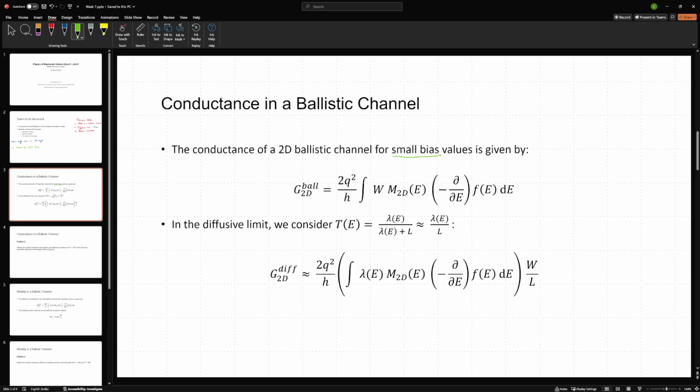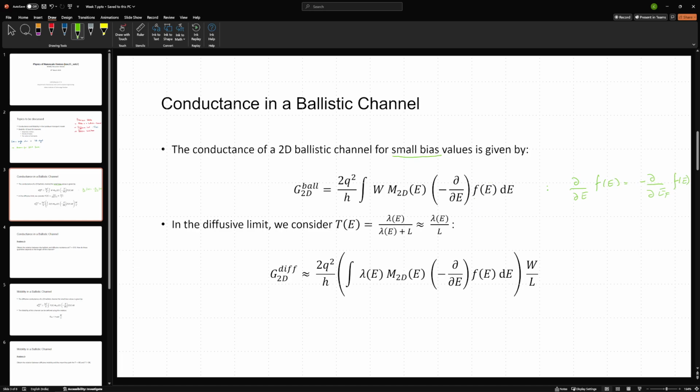Now we know how to change this into, I'm writing it in terms of dou by dou E, but alternatively I can also use the relation over here: dou by dou E of f of E is equal to minus dou by dou E of f of E. So this is a property I can readily use and switch this. And we have actually worked this thing out for the 2D ballistic channel to find out what Fermi integrals are used.